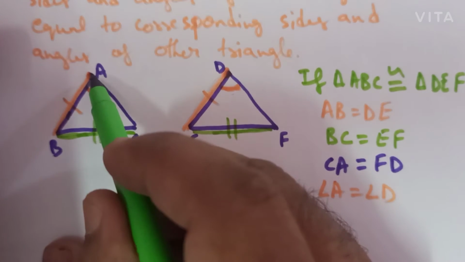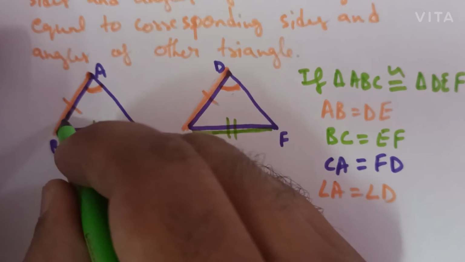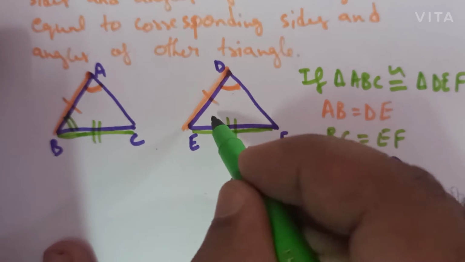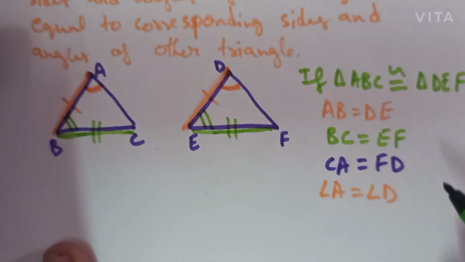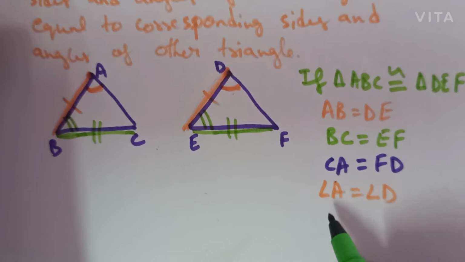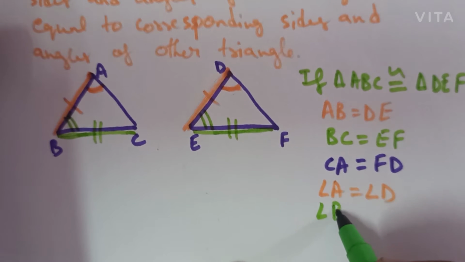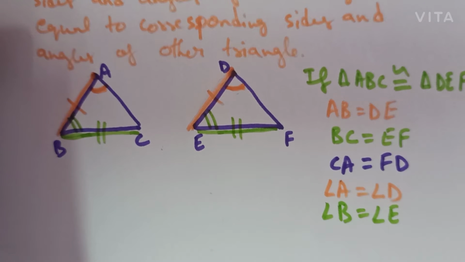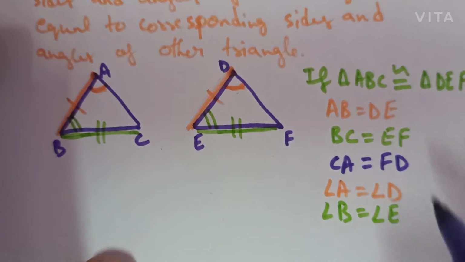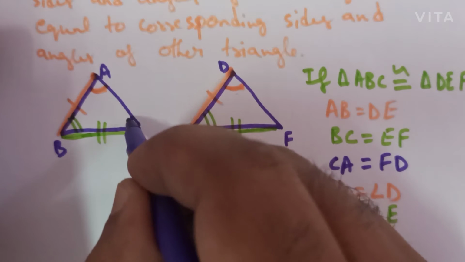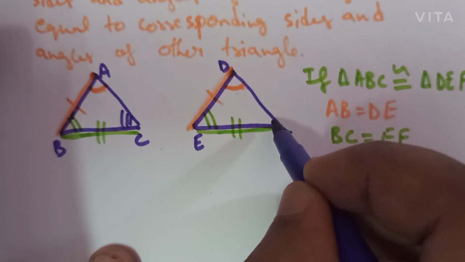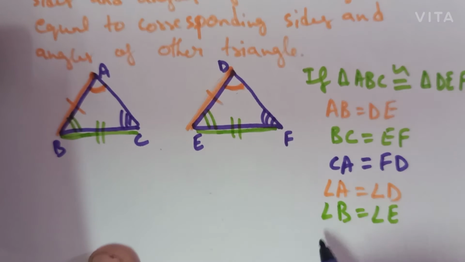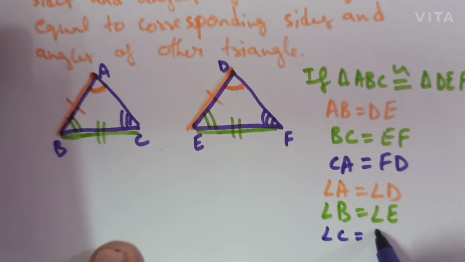Now from A we move to B, so angle B will be equal to angle E. Now the third angle left is angle C, it will be equal to angle F. So angle C equals angle F.